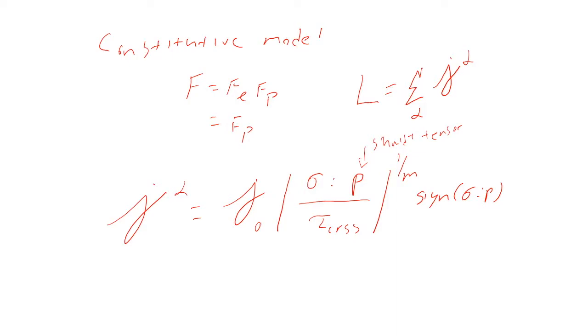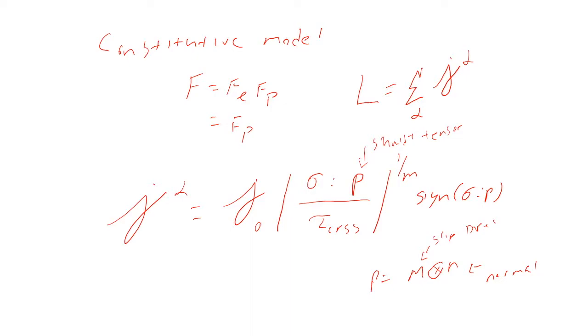This is the slip plane, this is the slip direction, and this is the slip plane normal. So what all this is, is the projection of this stress onto the slip plane along the slip direction. So this is the resolved shear stress for the slip system, okay?